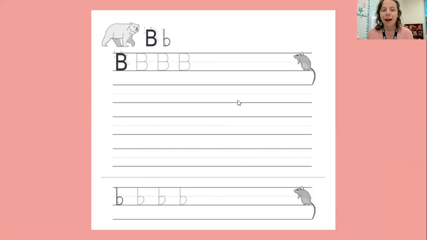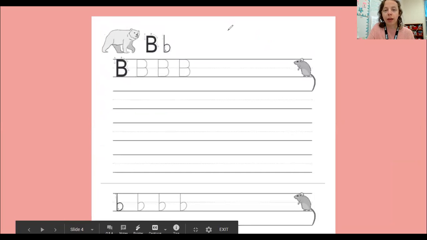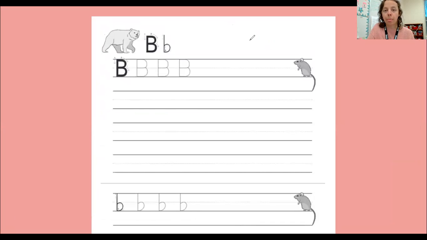So now we're going to talk about how to write these letters. Now, take a look at the uppercase B. This is made up of one straight line and two curved lines. So let's take a look at how to write these letters.